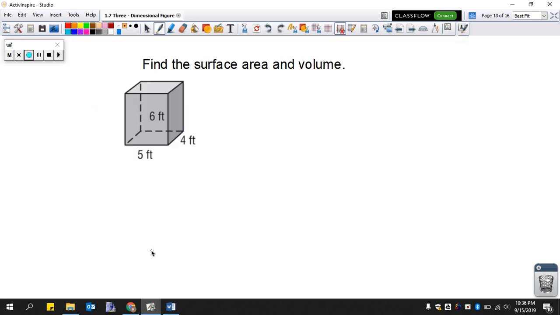Okay, here it says find the surface area and volume of this rectangular prism. If you remember, the formula to find the surface area of this is to find the perimeter of the base times the height plus 2 times the area of the base, which is length times width.